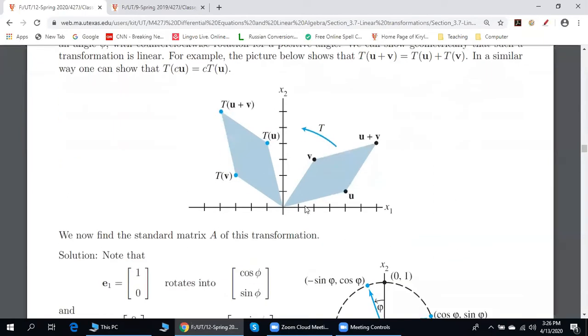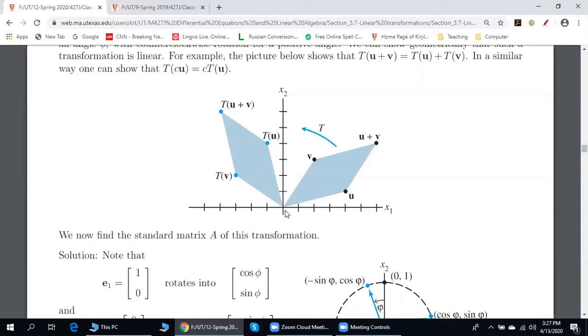Please take a look at this. Consider vector u and vector v. Obviously, this is u plus v. Now let us rotate the whole thing about the origin. We will get this. Well, then this is T of u because T is rotation.